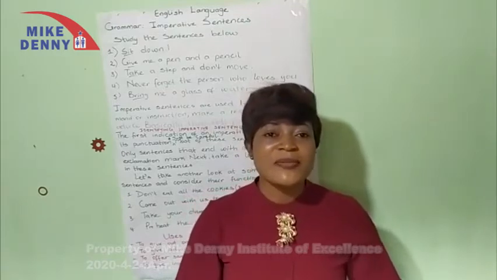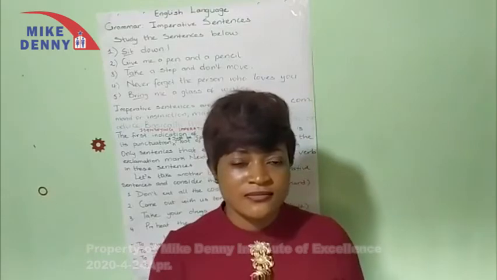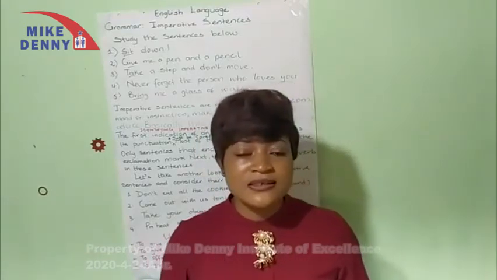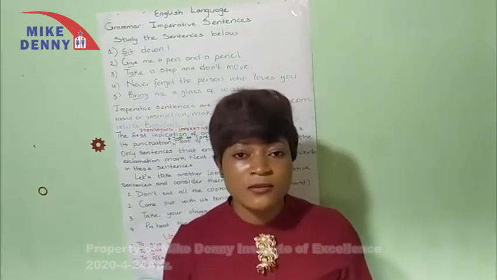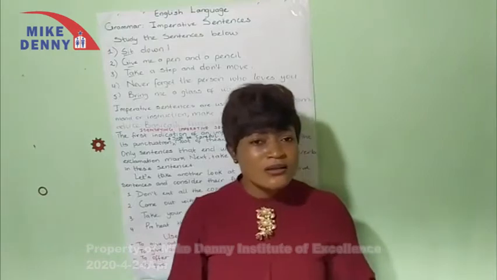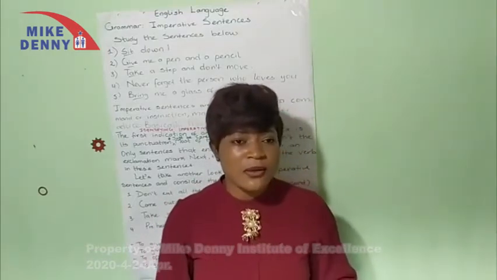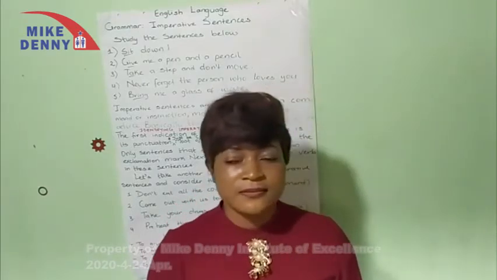We identify imperative sentences by their punctuation. Imperative sentences end with an exclamation mark or a full stop. But not all sentences ending with an exclamation mark or a full stop are imperative sentences. Okay?